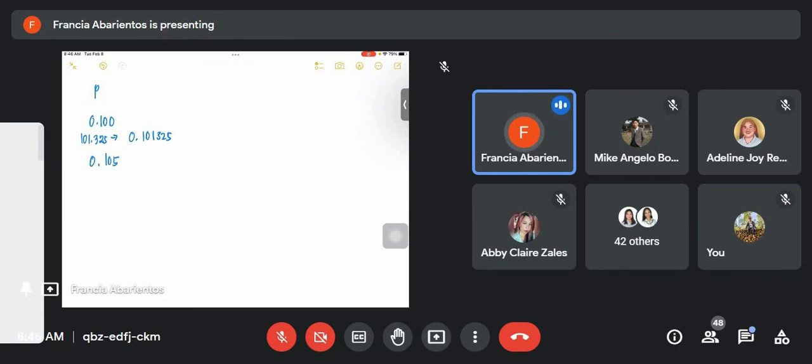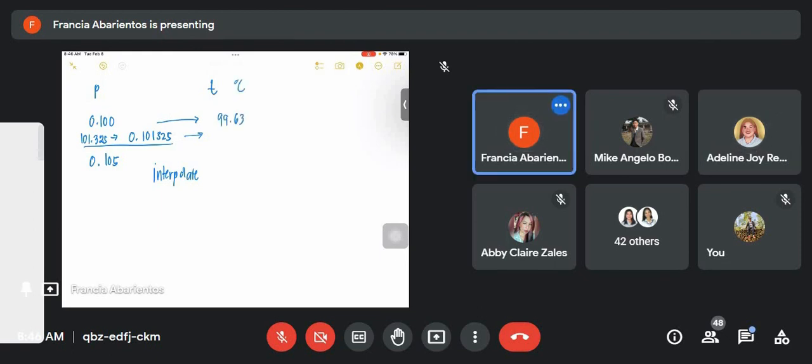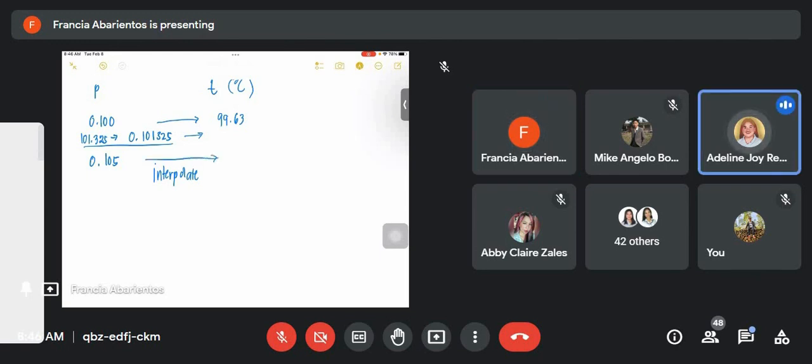This means that if I ask you to solve this, you need to interpolate, to find the values between those. What is the temperature at the 0.100 line? 99.63, okay, this is correct. And the 0.105 line? 101.